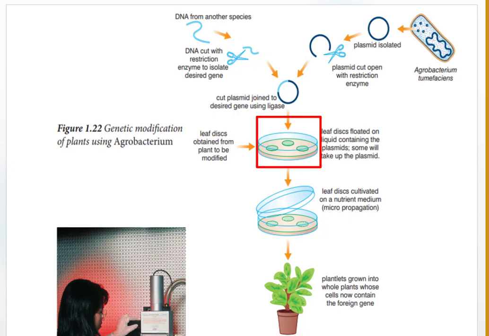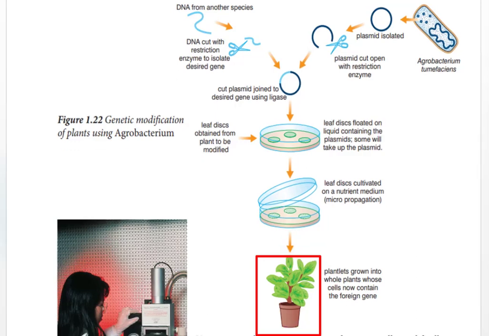Then when the leaf discs start to form roots and shoots, after a certain period, the leaf discs gradually develop into plantlets. Then these plantlets grow into whole plants whose cells now contain the foreign gene. These plantlets must be transferred to and planted on the ground.